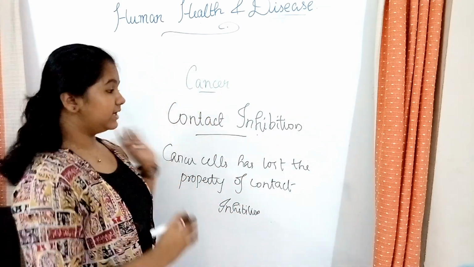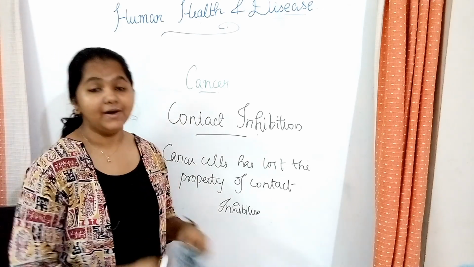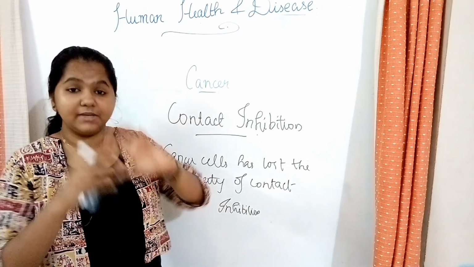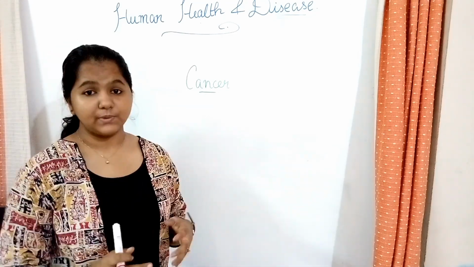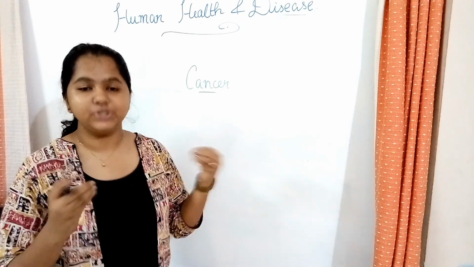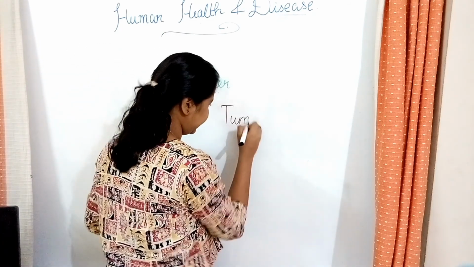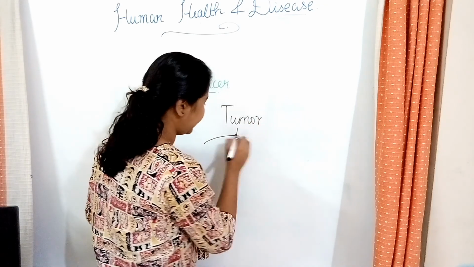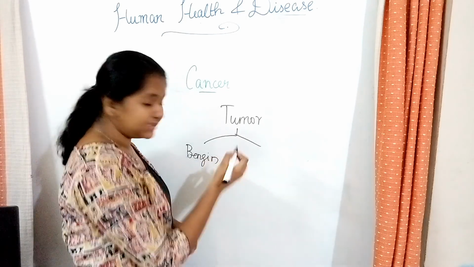So that is to talk about contact inhibition and cancer cells. Now I told you that after the multiplication of cells, they form a mass of cells called tumors, and the formation of tumors causes cancer. There are two types of tumors that we have to deal with in this chapter. The first one is benign. The second one is malignant.